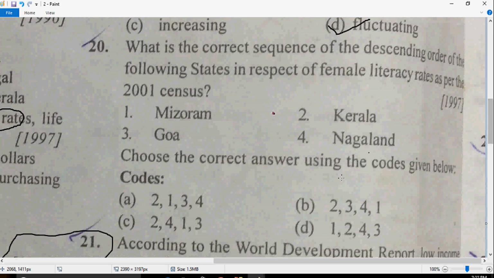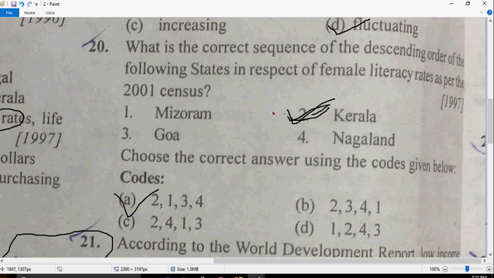So A will be correct, because there should be no doubt that Kerala comes first in descending order. So first will be 2. We have to give priority to the option that starts with the highest, like 100, 99, 98, 97 and so on.